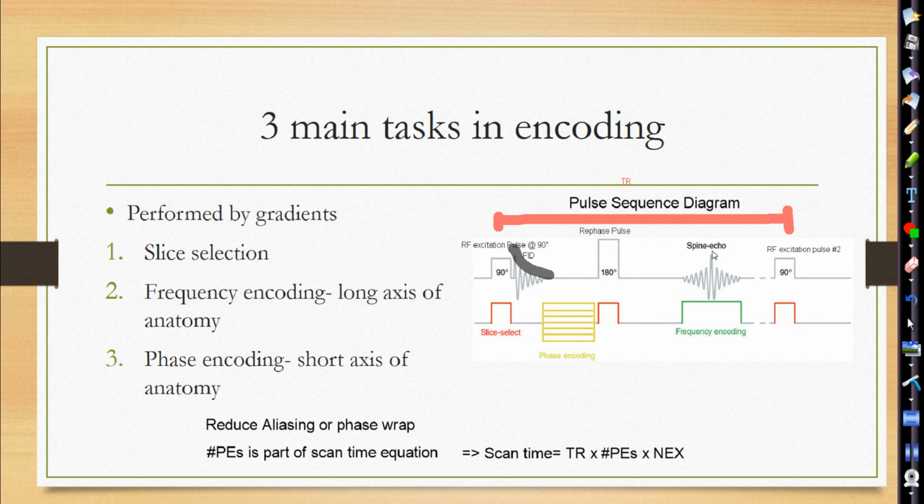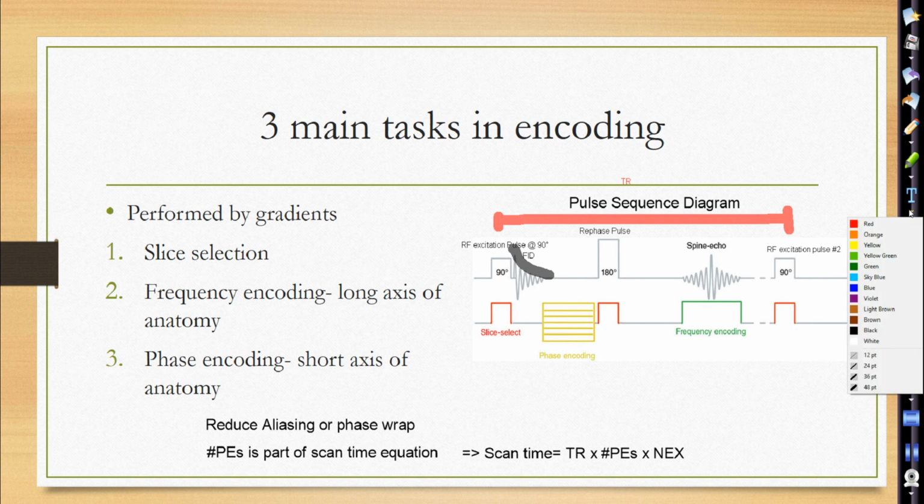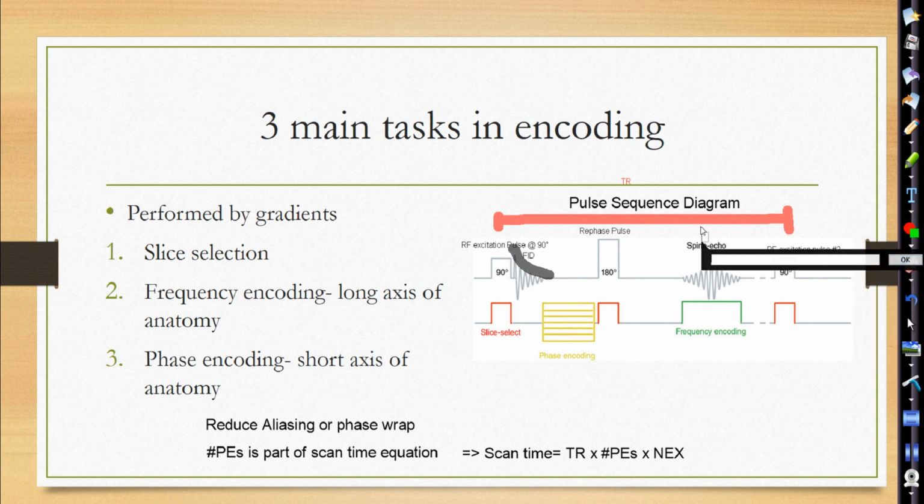It regrows to what we call this peak amplitude right here, which is our TE. And our TE is basically from the 90 excitation pulse all the way to peak amplitude.